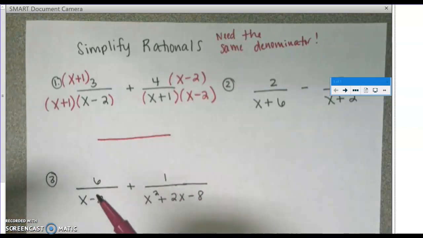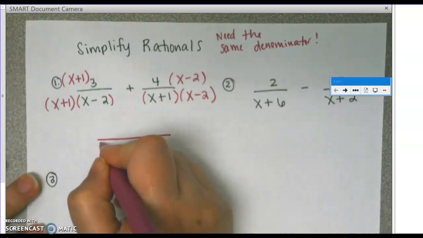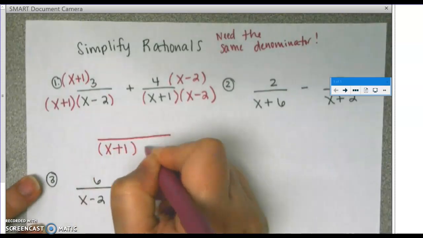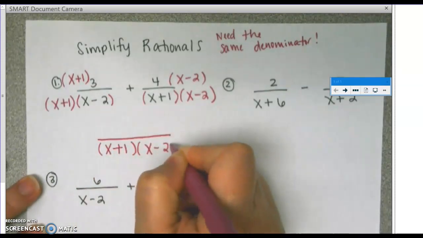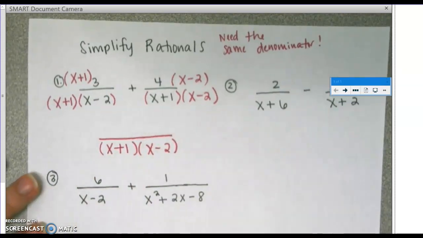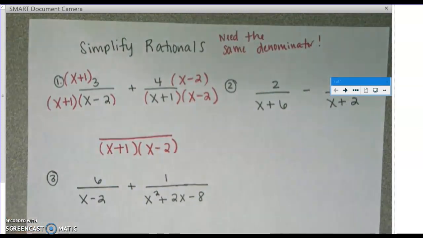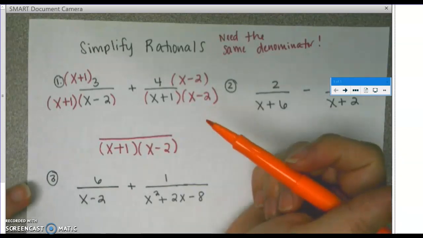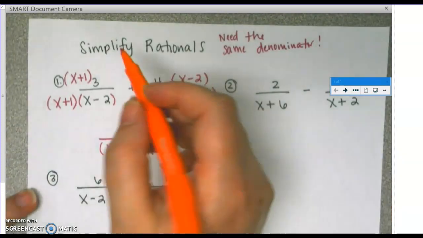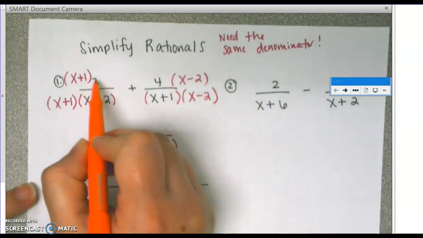I'm simplifying this into just one fraction. So my denominator is x plus 1 times x minus 2. Now, where I actually do the work is in the numerator. So we just have to remember to distribute.